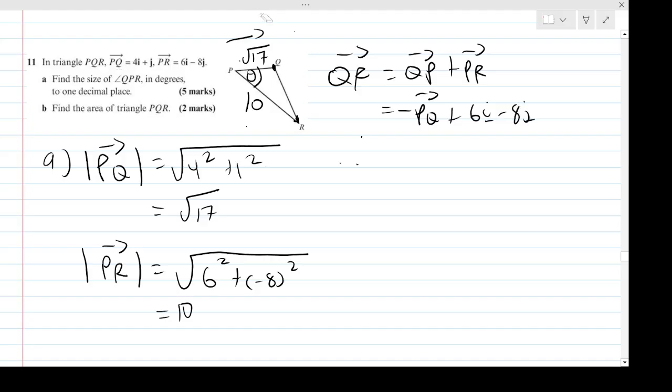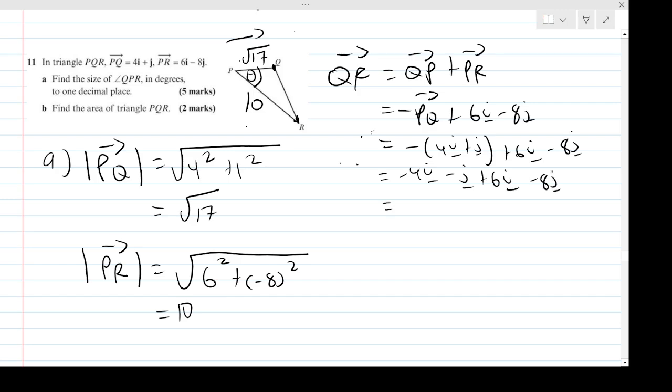So it's going to be the negative of 4i add j plus 6i minus 8j. Then if I expand it, I get minus 4i minus j, add 6i minus 8j. And so minus 4i add 6i would be plus 2i, and then minus j minus 8j will be minus 9j. And there we are, that is my vector QR.